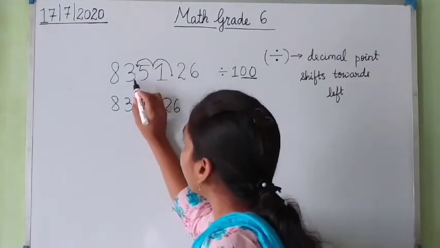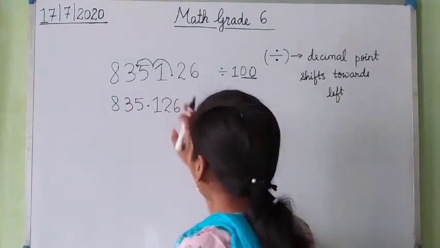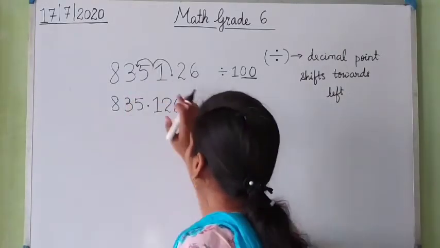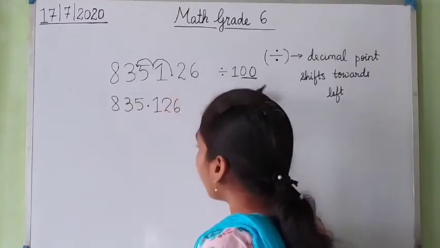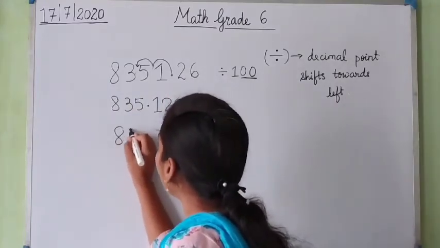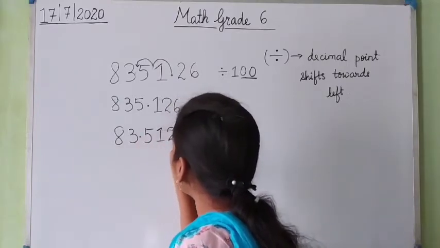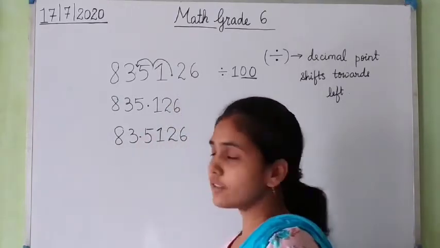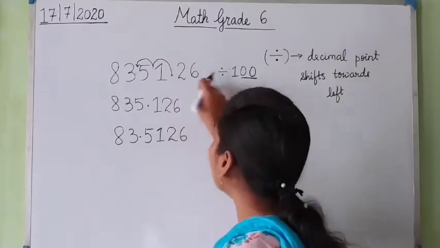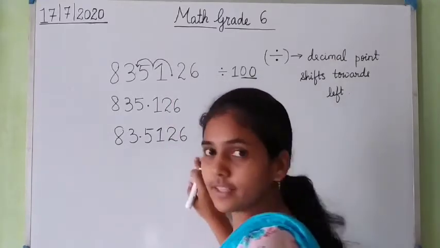The decimal point will come between 3 and 5. So after dividing this number by 100, the new number becomes 83.5126.